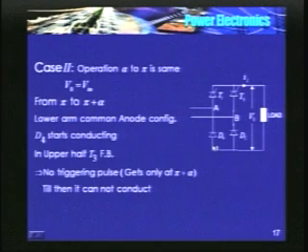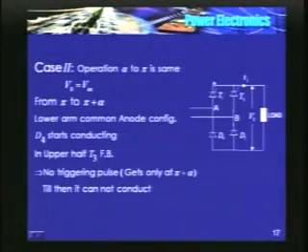So immediately D4 starts conducting. In the upper half, T3 is forward biased, but we have not applied a gate signal to T3, so T3 has not started conducting as yet.